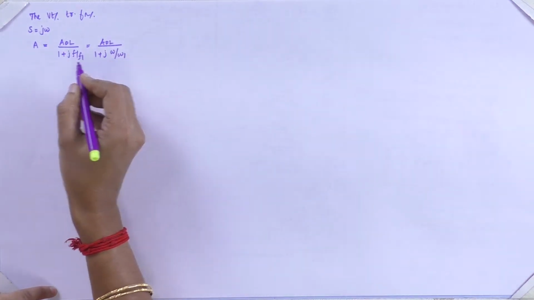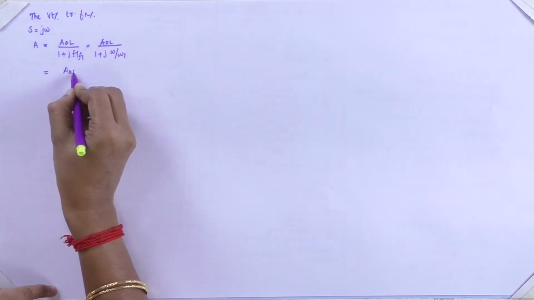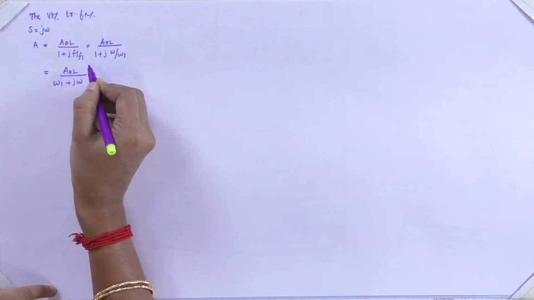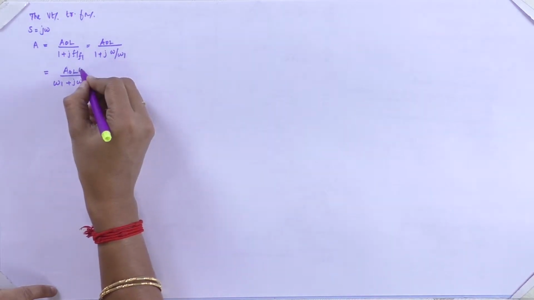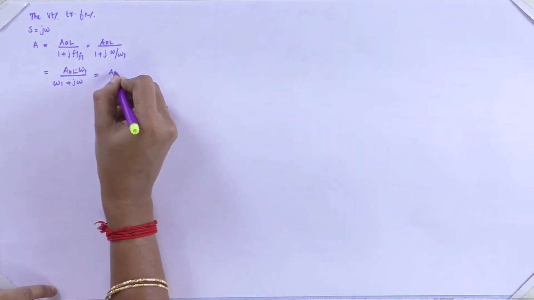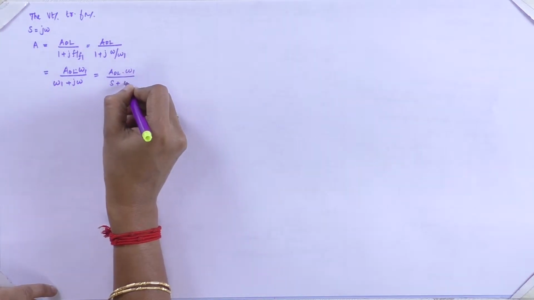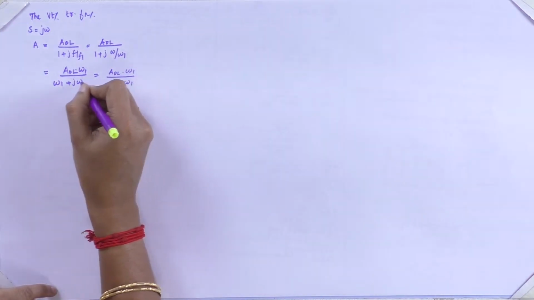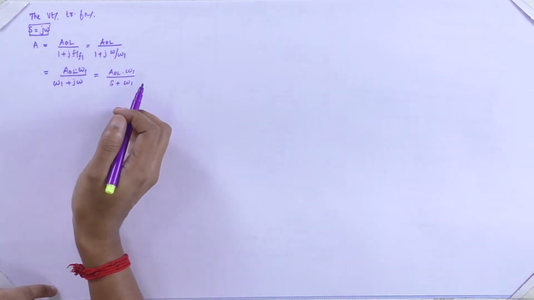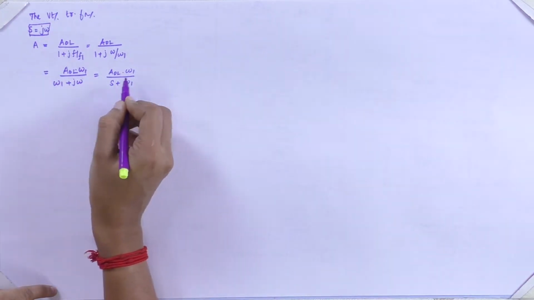Rearranging, AOL divided by omega 1 plus j omega, with omega 1 moved to the numerator. So I can make it as AOL into omega 1 by s plus omega 1, where j omega is replaced with the s factor. This is in the S domain.